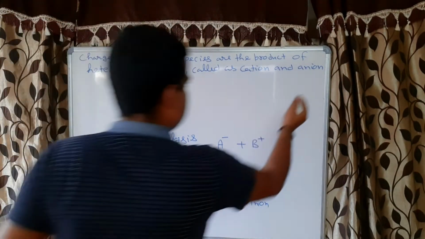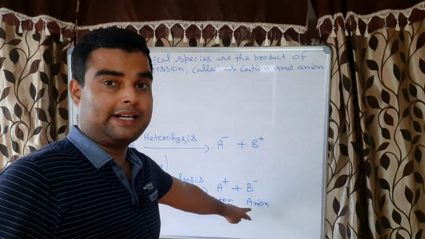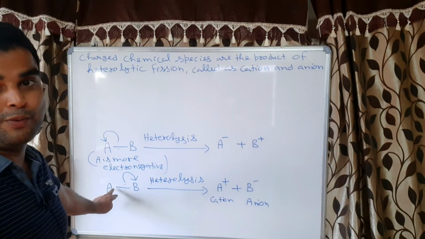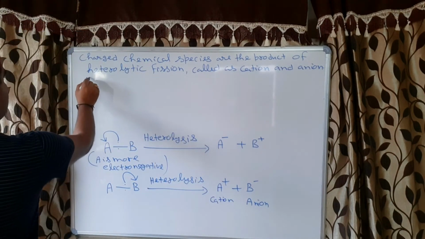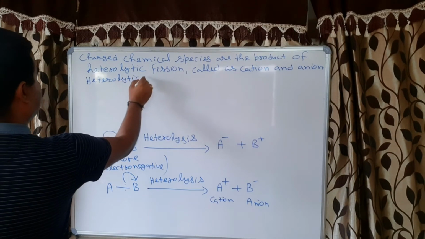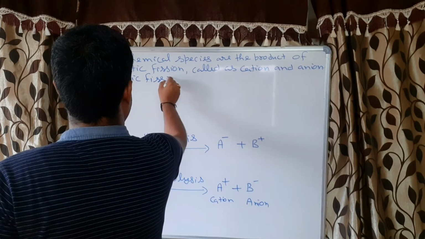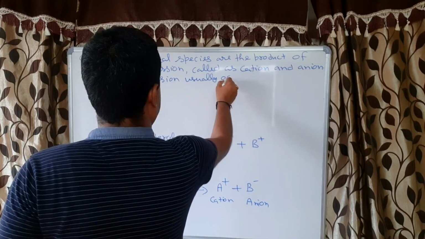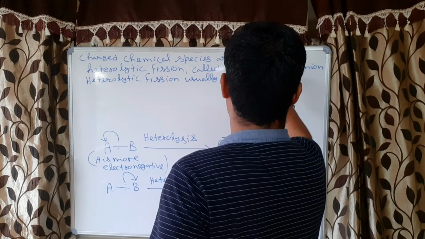Now as you can see, this is the cation and anion. It means the covalent bond should be a polar covalent bond. Correct? So heterolytic fission always or usually occurs in a polar covalent bond. Correct or not?